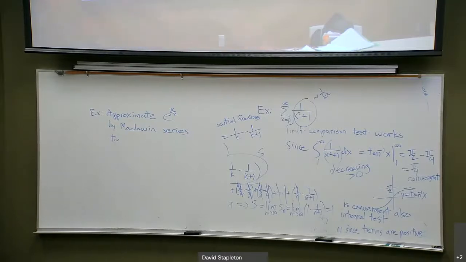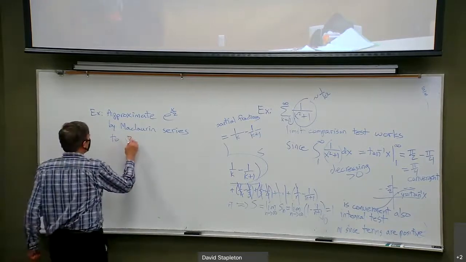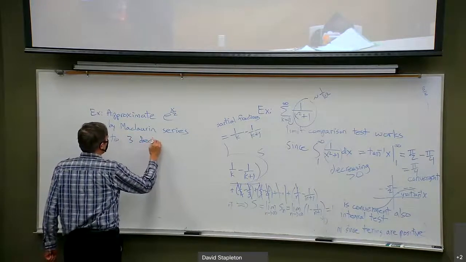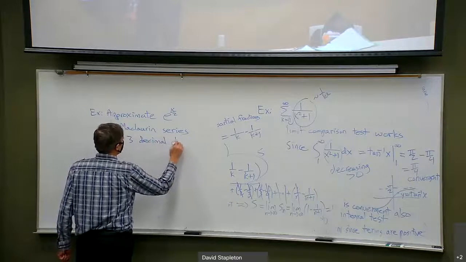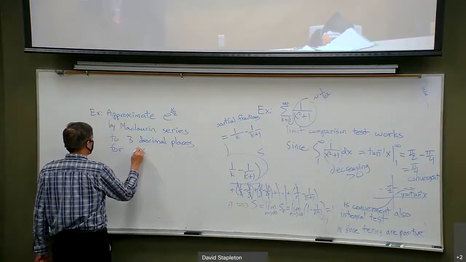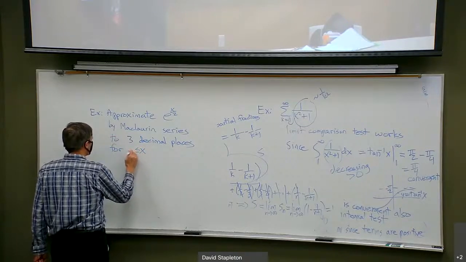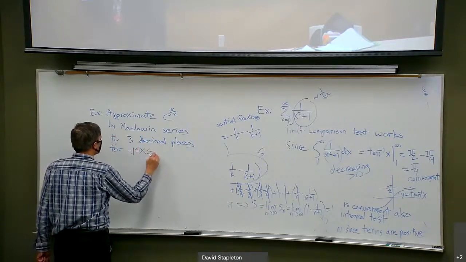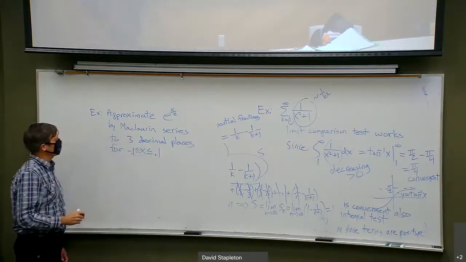Minus 0.1 to 0.1. 3 decimal place accuracy. And the idea is if I put in any x between minus 0.1 and plus 0.1, I want to get at least 3-digit accuracy. How can I get that?